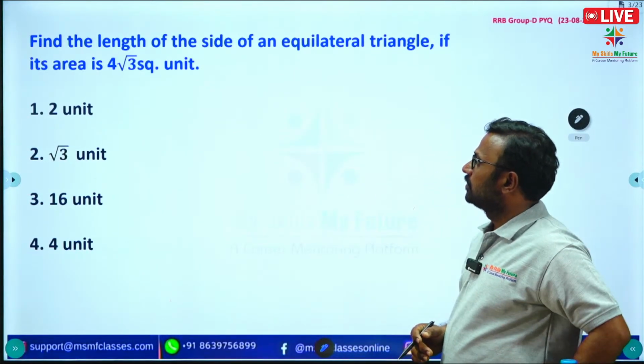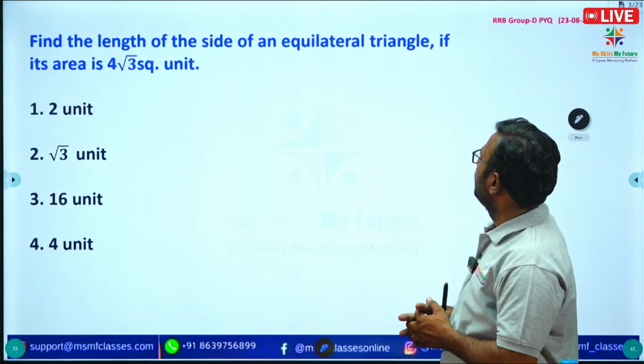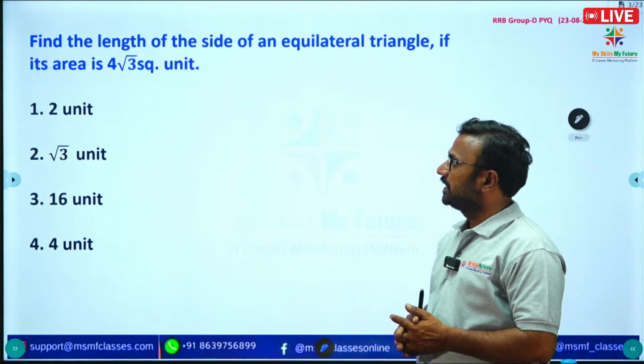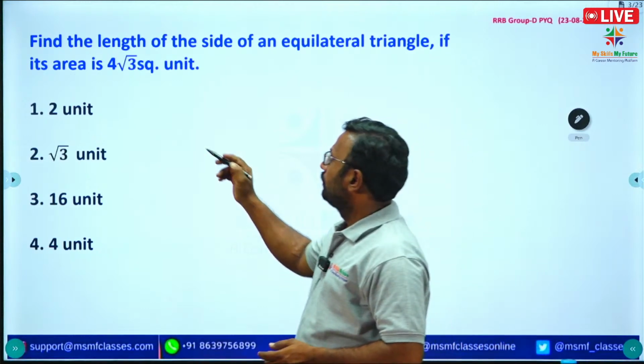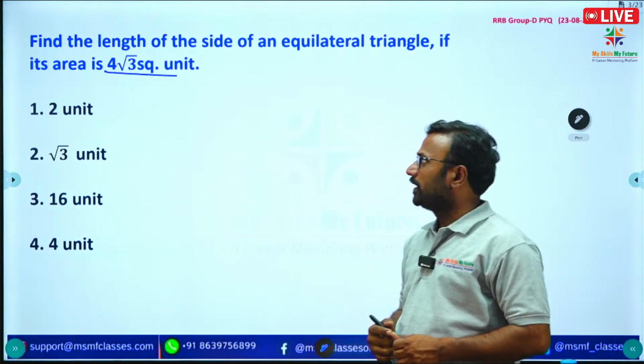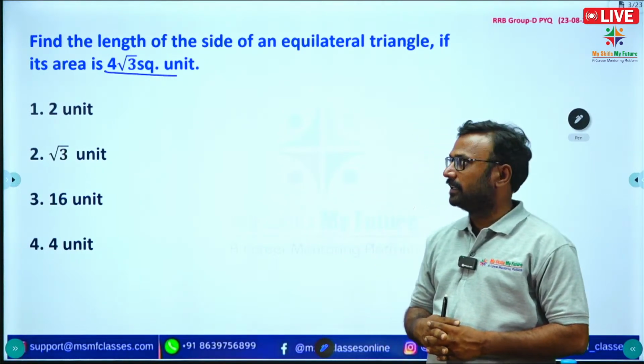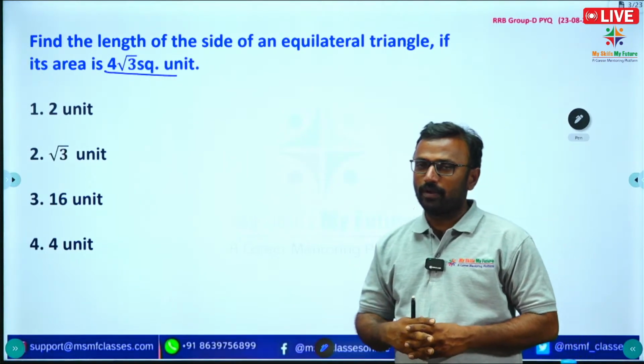Find the length of the side of an equilateral triangle if its area is 4 root 3 square units. So, we need to find the side of an equilateral triangle. They gave the area.